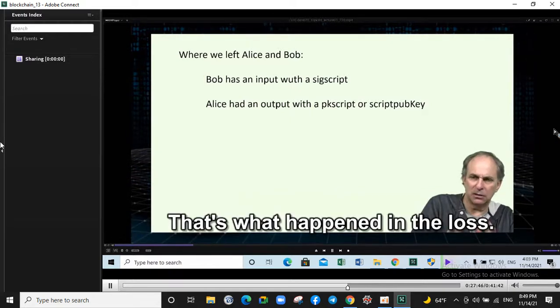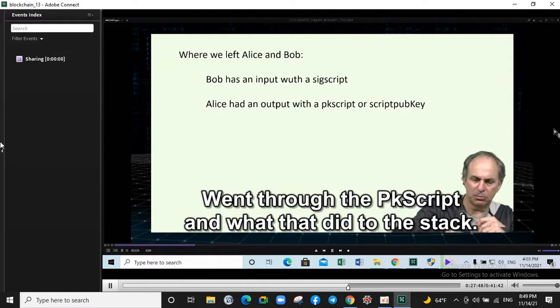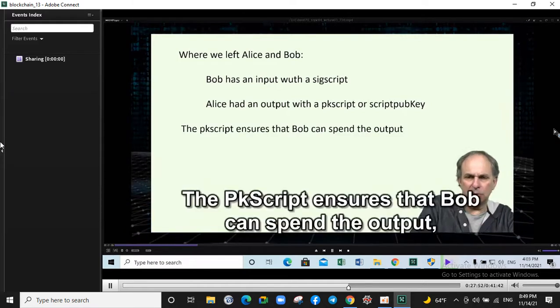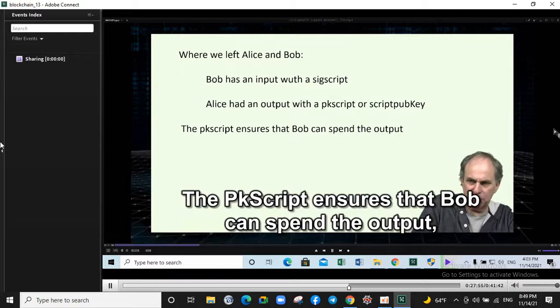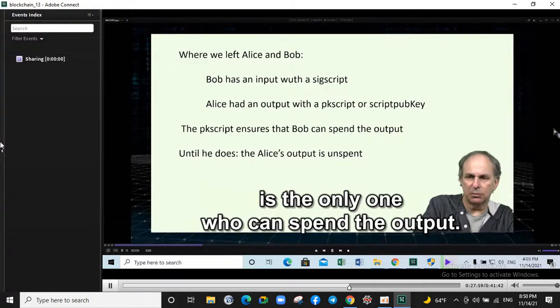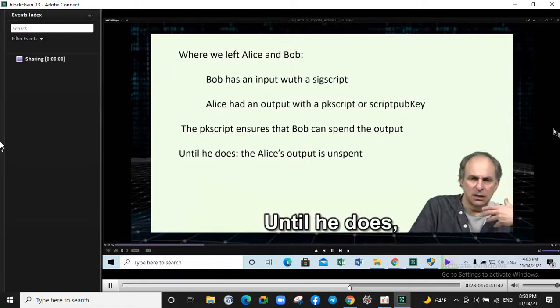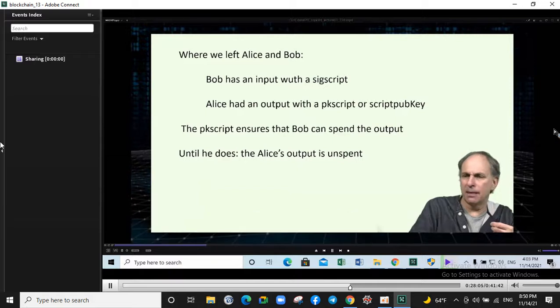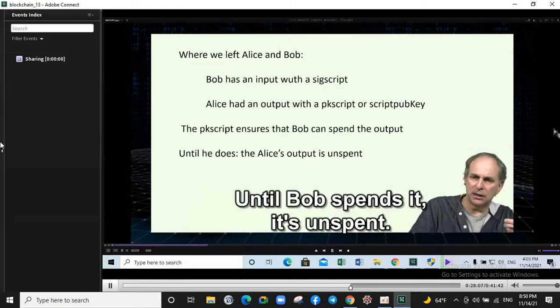That's what happened in the last lecture. We went through the PK script and put that into the stack. The PK script ensures that Bob can spend the output. In fact, it ensures that Bob's the only one who can spend the output. But until he does, Alice's output is unspent. Until Bob spends it, it's unspent.